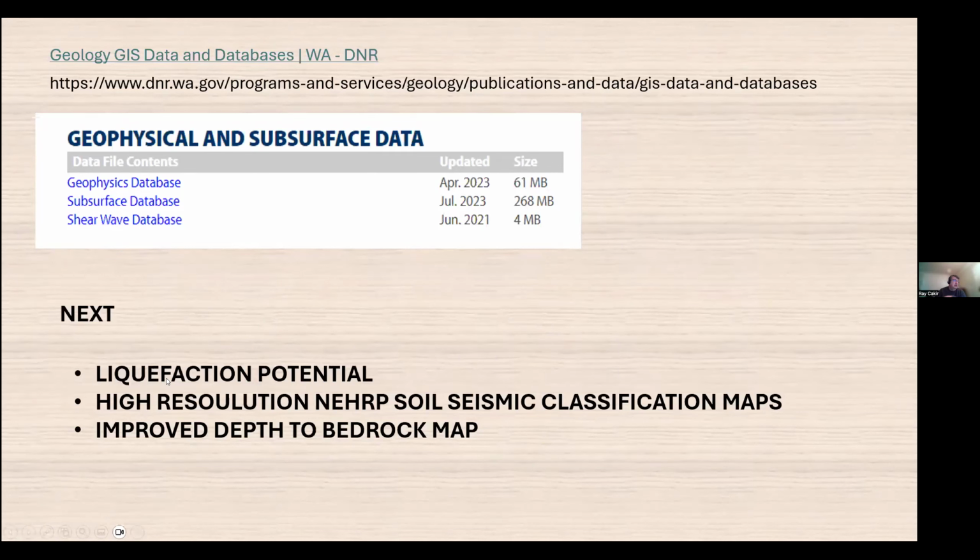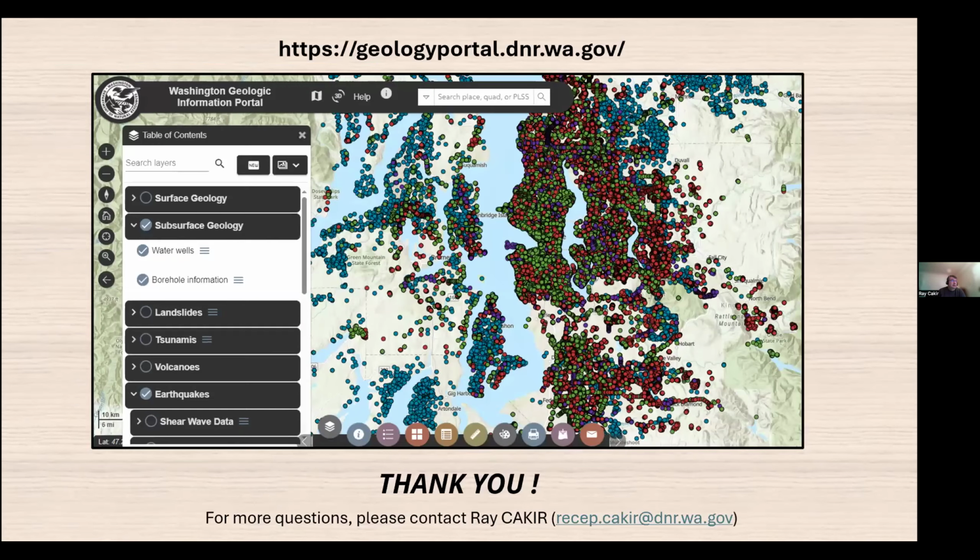Next, we would like to get some liquefaction potential maps and studies, high resolution near-surface soil seismic classification maps, and improve the depth to bedrock map. If we have time, I can show the portal.